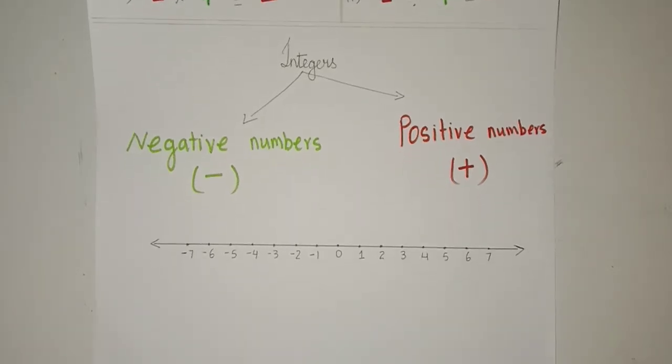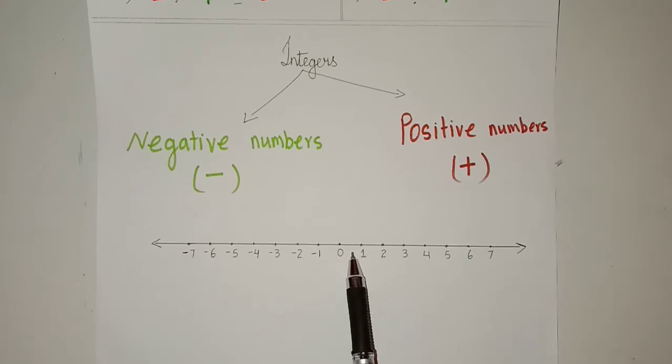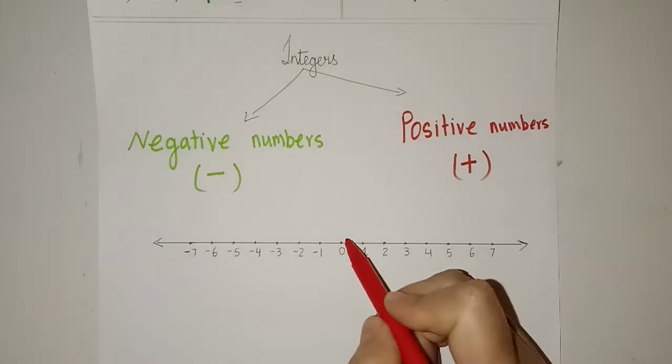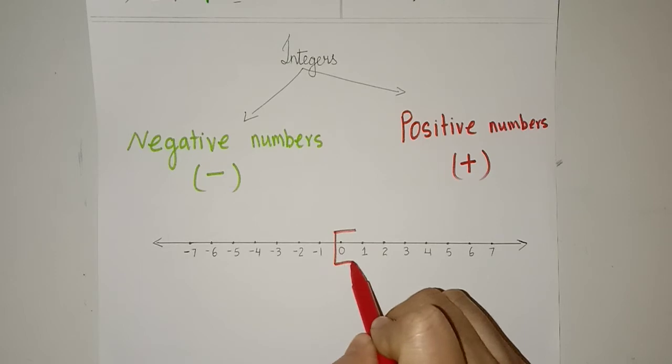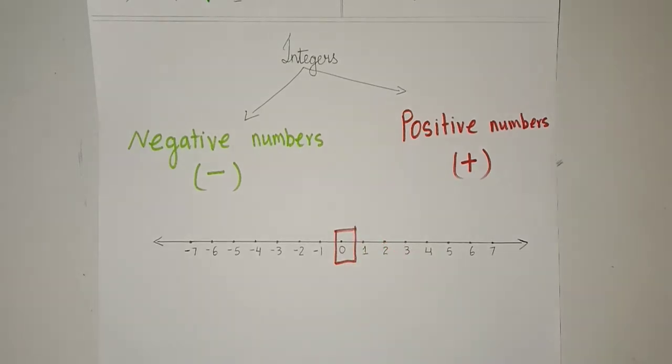I have written these numbers on this number line here. Let me put the 0 in a box so you can see better. You see 0 there.